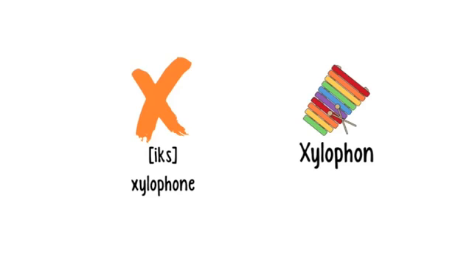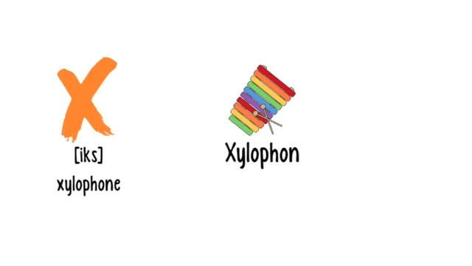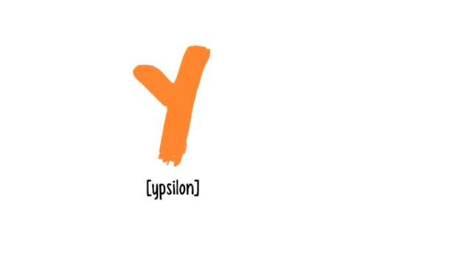The next letter is X, which is pronounced like the X in the word xylophone. In German we say Xylophon. The next letter is Y, which sounds like yoga.